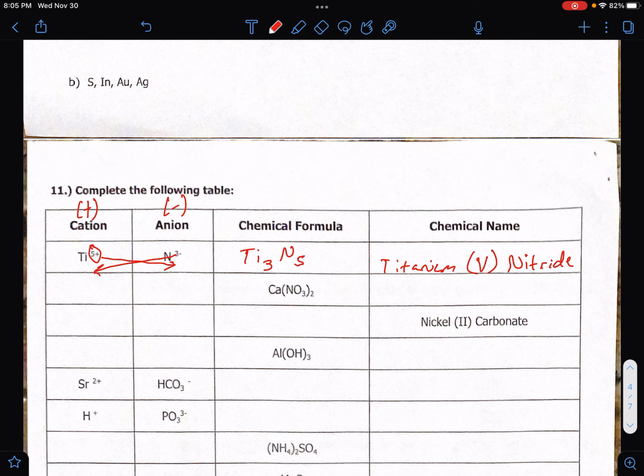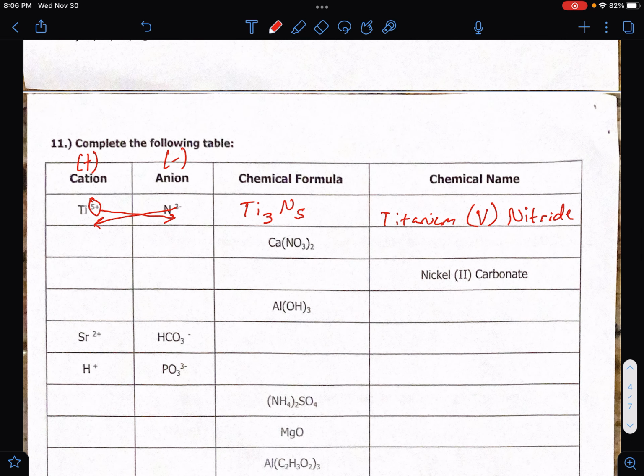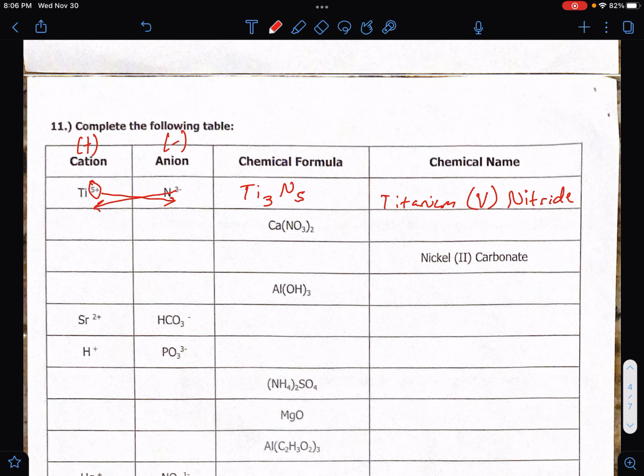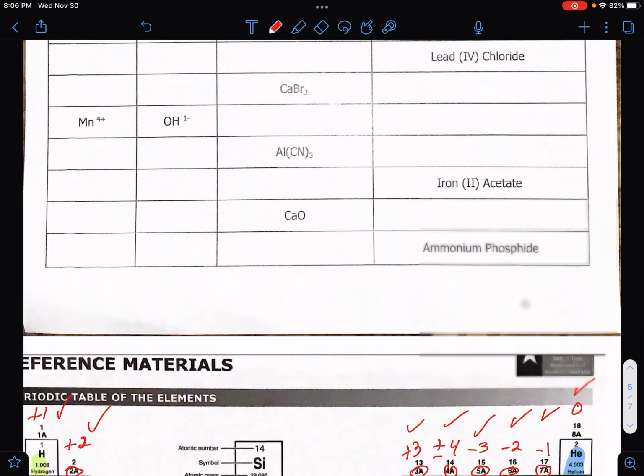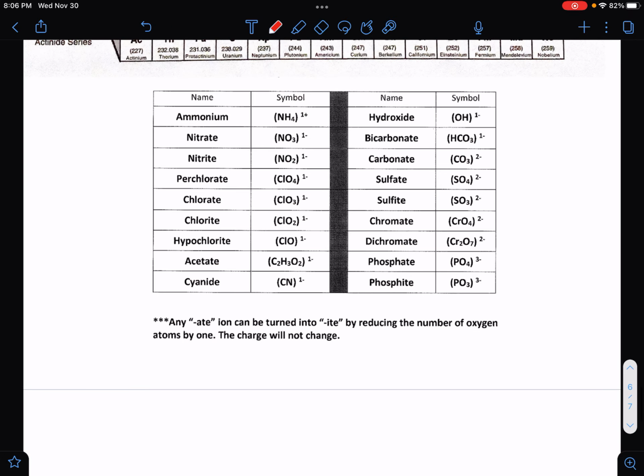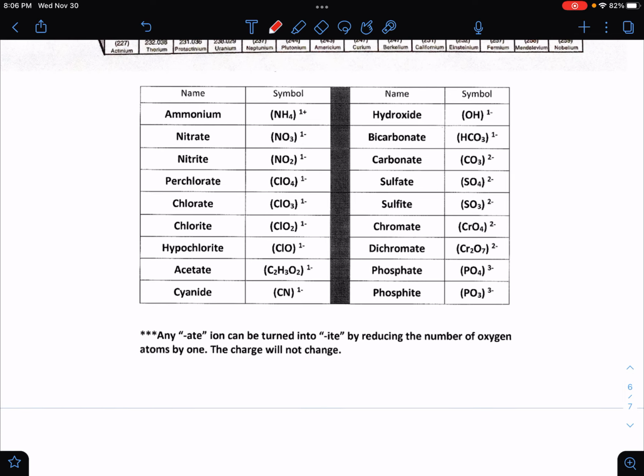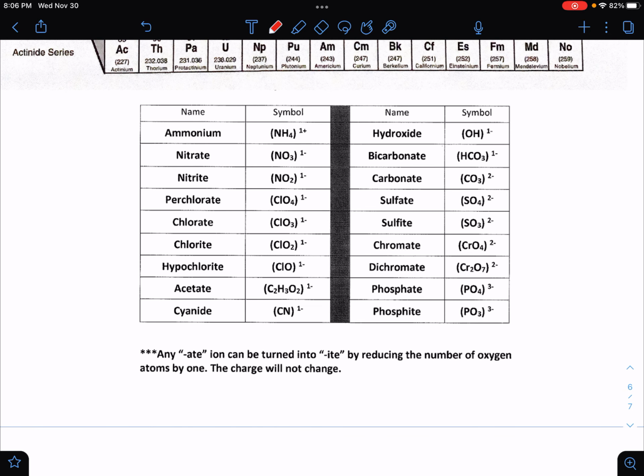The next one is CaNO3. So calcium is on your periodic table. It's in group 2, so we know that's a Ca plus 2. That is always going to be plus 2. Nitrate is on this polyatomic list right here. So here is one hint when you are doing something on this test.